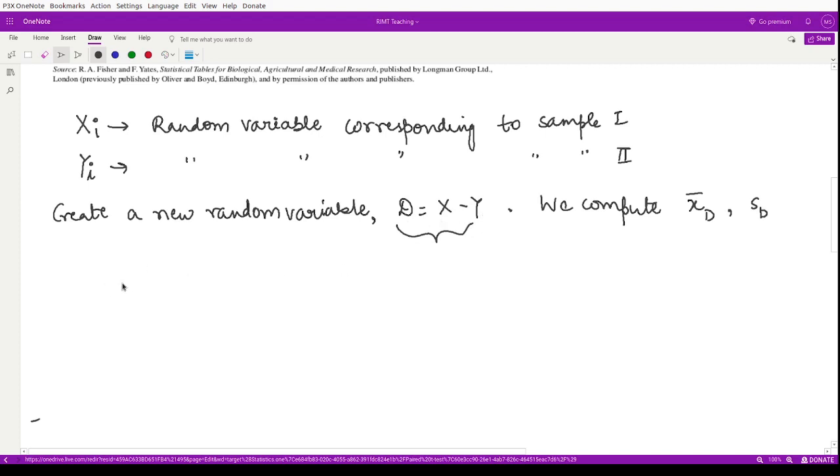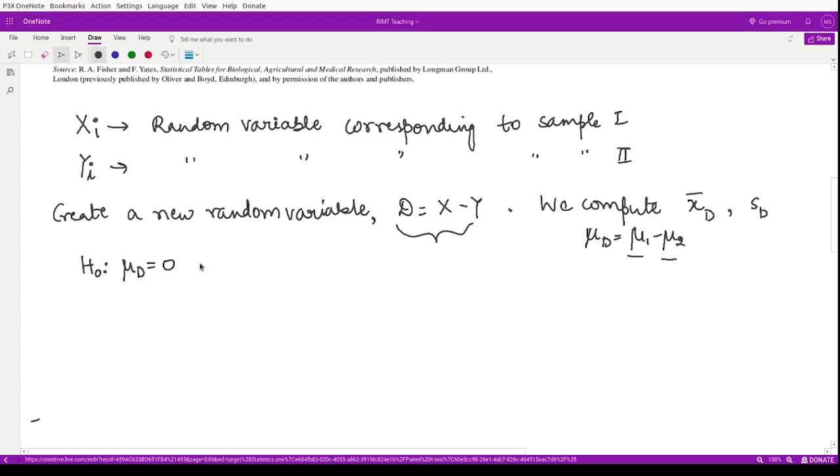How do we apply the test? Suppose you set your null hypothesis as mu d equal to 0. What is mu d? It is equal to mu1 minus mu2, the difference of the means of the first population and the second population.